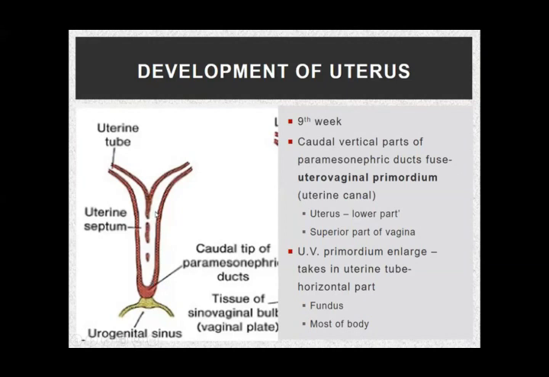Now, this uterovaginal primordium develops not only into the lower part of the uterus, but also into the upper one third of the vagina.